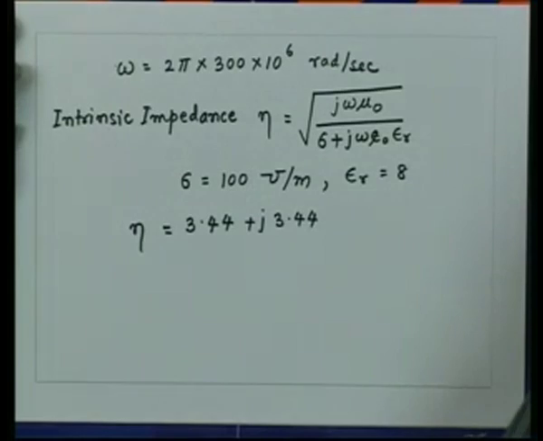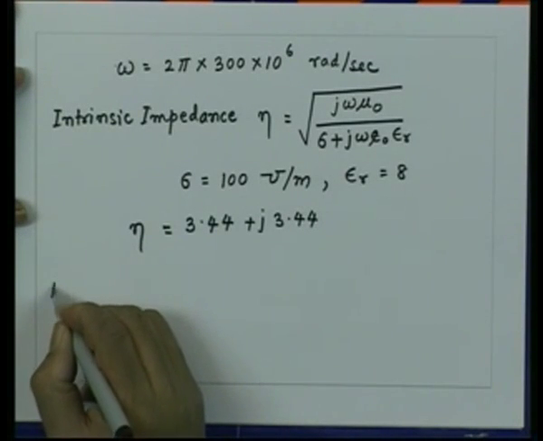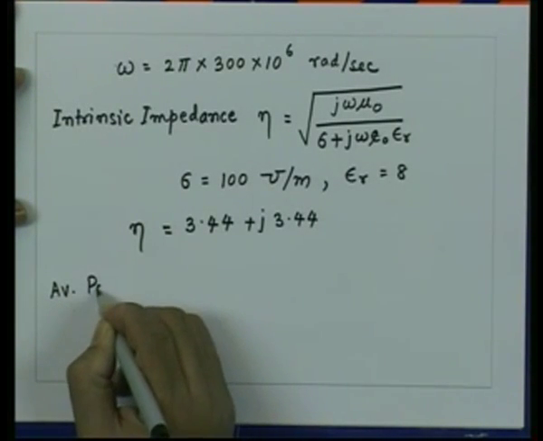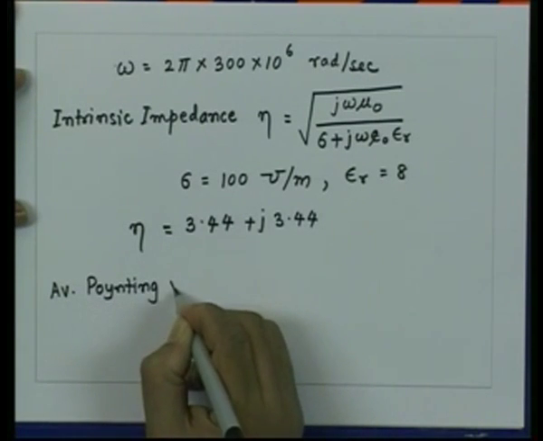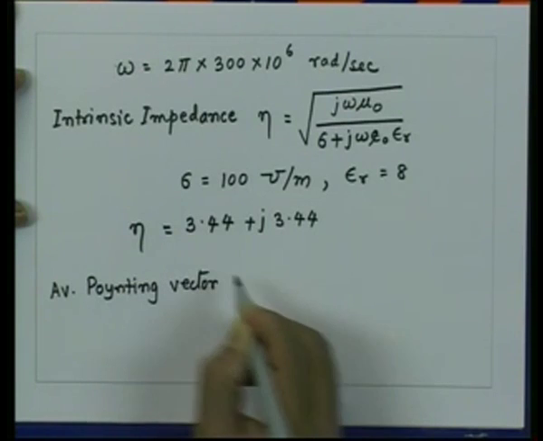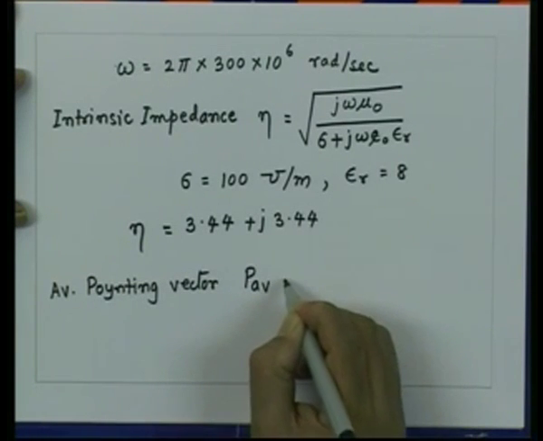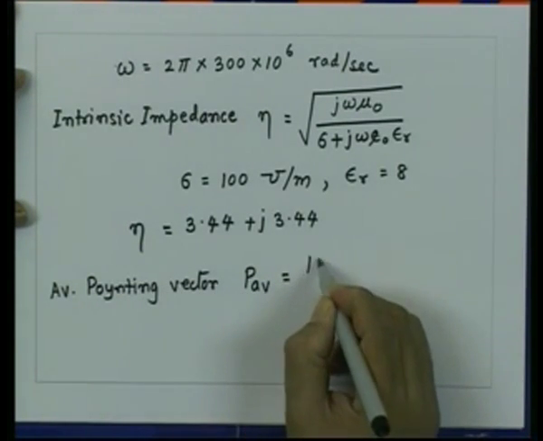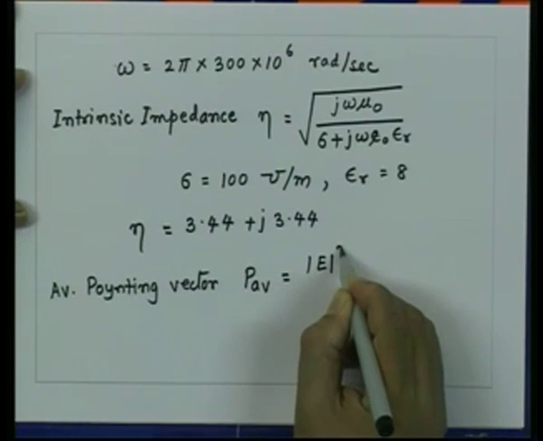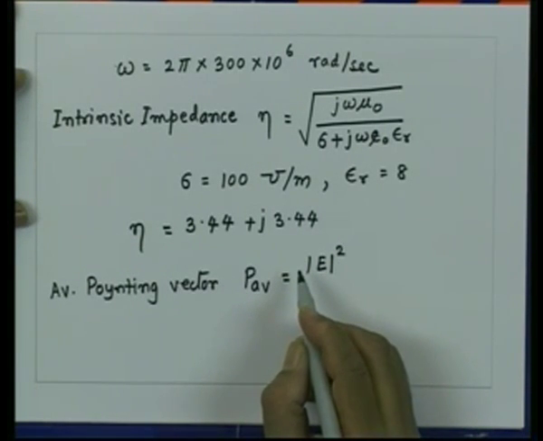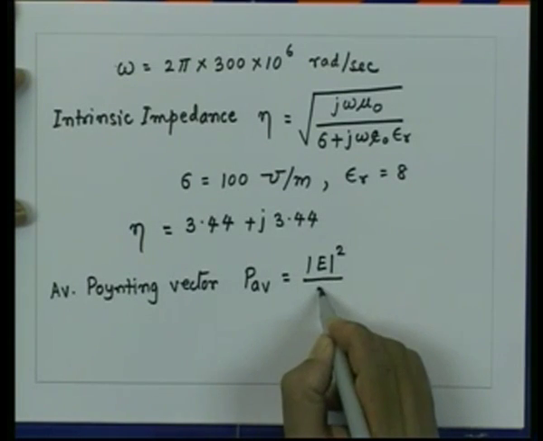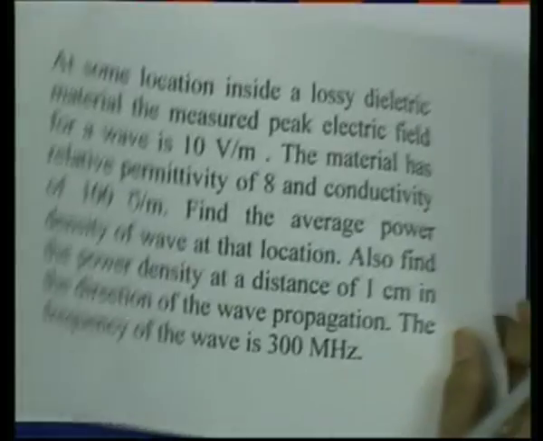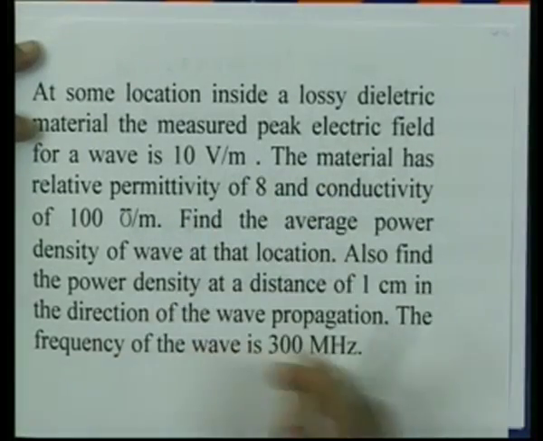Once I know the intrinsic impedance of the medium and the electric field, which is 10 volts per meter, then we can find out the average Poynting vector, P average, that is equal to mod of E square upon 2, and here the peak electric field is given, which is 10 volts per meter.